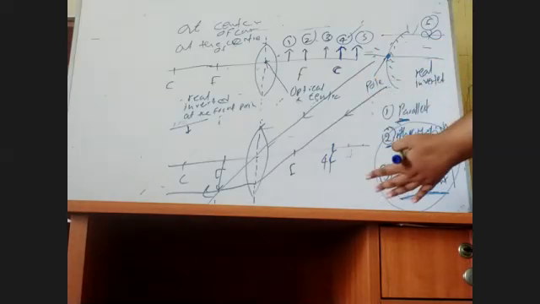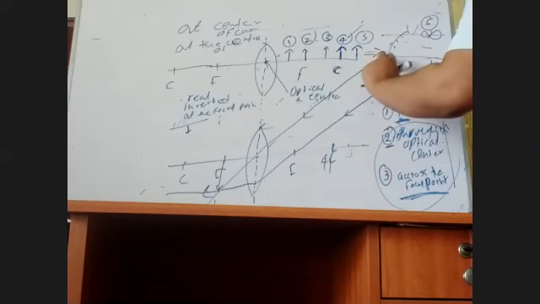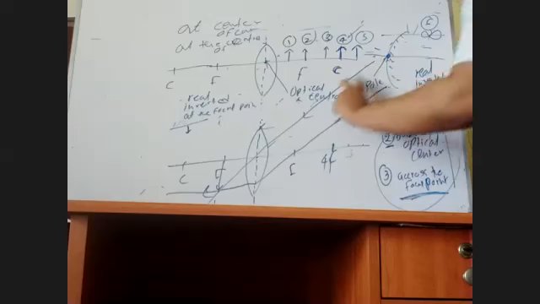On your book you can't draw it because the object is larger than your book. That's why we have drawn the rays like this.